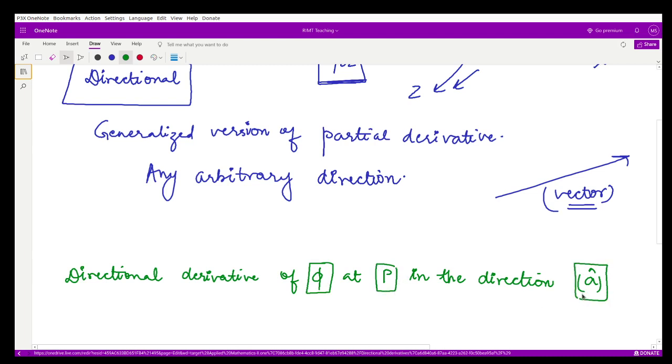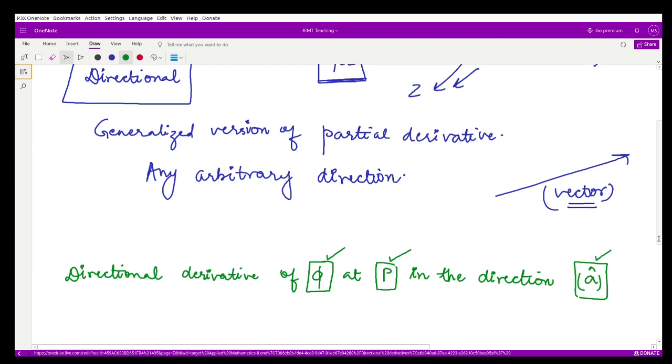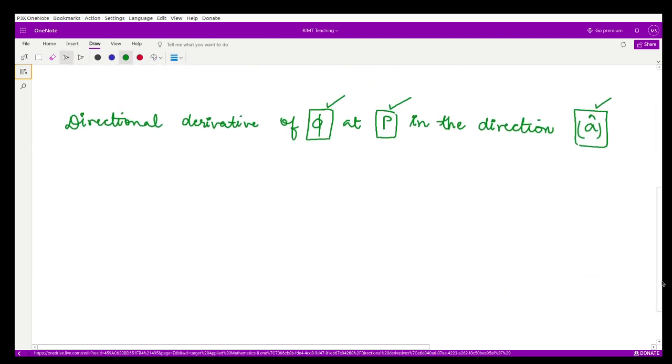So we wanted to compute the directional derivative of this function at this point in this direction, right? So we require three things. One is the function itself, one is the coordinates of the point, and one is the direction in which we wanted to compute this derivative. So the formula here is simply the computation of the gradient of phi at the point P, taking its dot product with the unit vector.